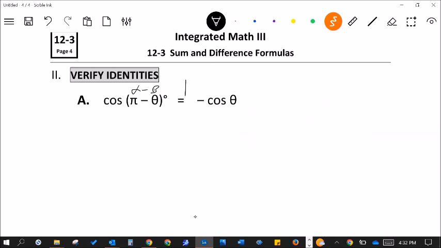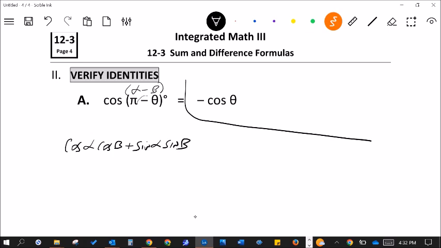And if we're going to verify identities, let's work on one side. And let's start off with finding the formula for this. So cosine of alpha minus beta is cosine alpha cosine beta plus sine alpha sine beta. So this is minus, that's plus with cosine. Now let's put the numbers in it. Cosine pi cosine theta plus sine of pi sine theta.